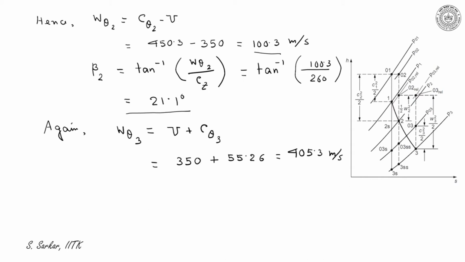After that I can evaluate beta 3. So beta 3 would be tan inverse of W theta 3 by Cz.